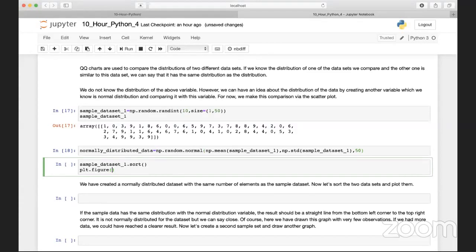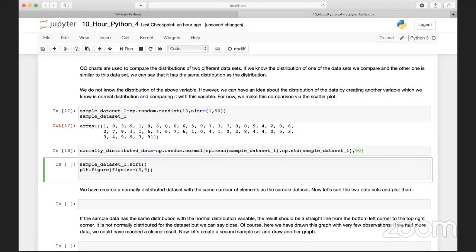In order to do that, I identify the figure size, 8.5, let's say, plt.figure. plt.scatter. I will use a scatter plot here. Normal distributed data is my x-axis, as I said before, because this is a kind of QQ plot.